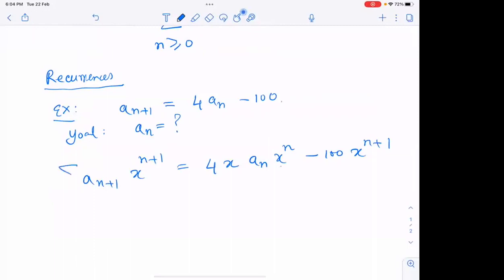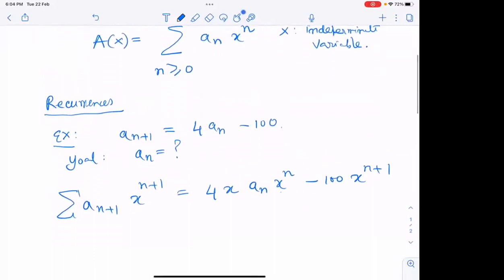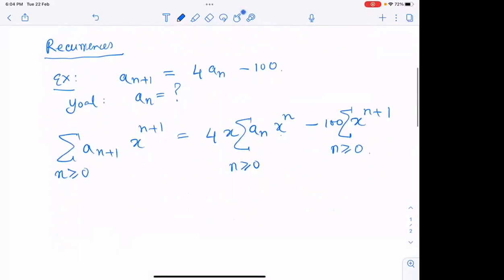Okay, so let's just sum over both sides, n greater than or equal to 0. We are doing the same thing on both sides, so there is no problem. So look at the left hand side. If you expand, it starts from a_1 x plus a_2 x squared and so on.